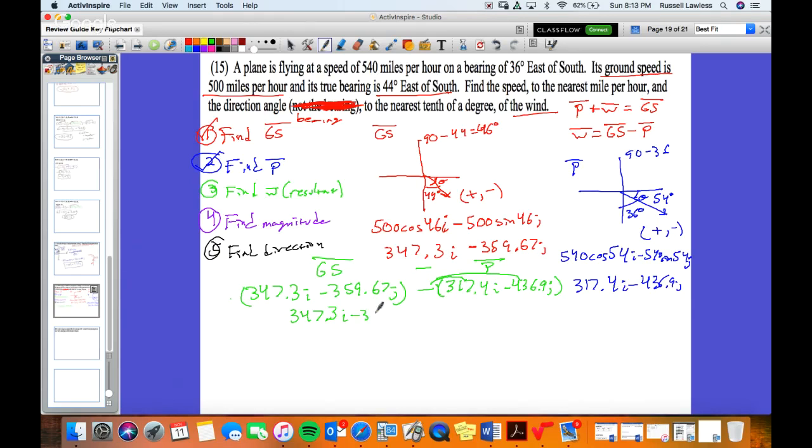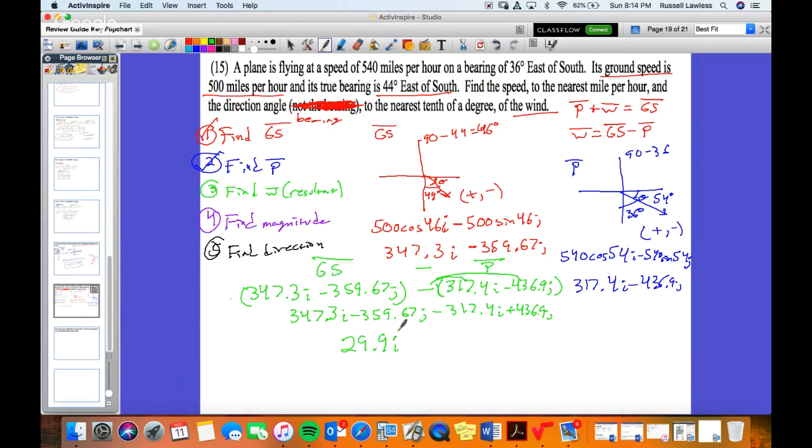347.3 i minus 359.67 j minus 317.4 i plus 436.9 j. So then we'll get 347.3 i minus 317.4 i. So then that will give us 29.9 for our i vector.